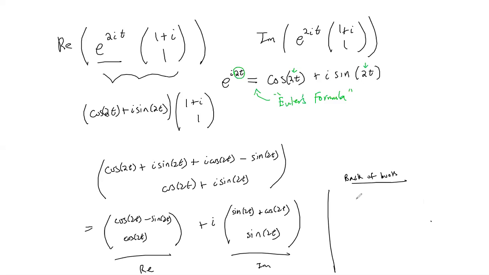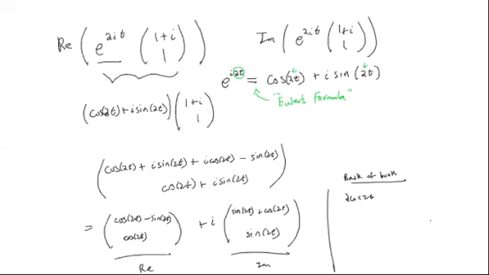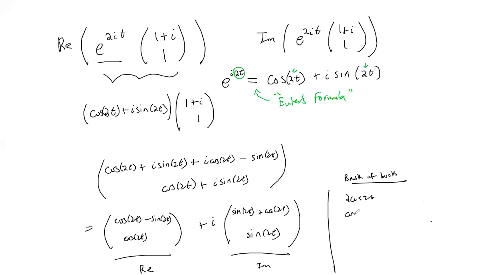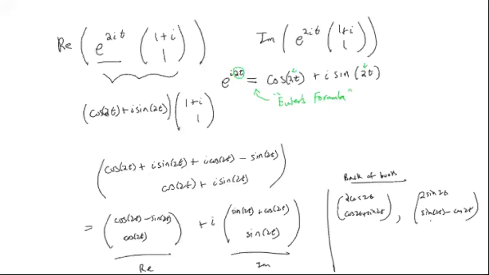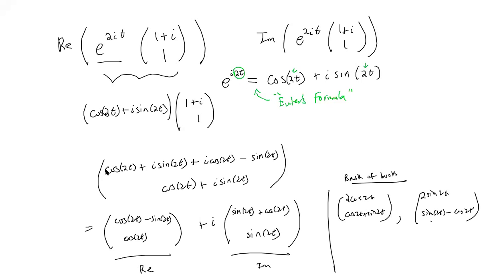They got 2 cosine 2t over cosine plus sine, and 2 sine 2t over sine minus cosine. Sorry, it's kind of bad handwriting. I was writing fast there. So sine minus cosine.